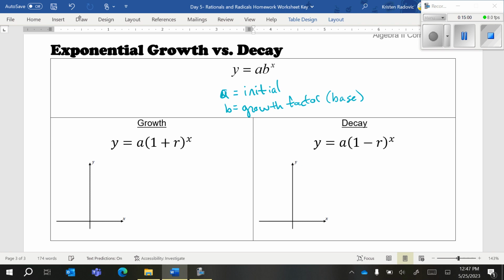Now, if your growth factor is greater than 1, you are increasing. If your base is less than 1, but also greater than 0, you are decreasing. So increasing functions go upwards, whereas decreasing functions go downwards. They still have the asymptote.